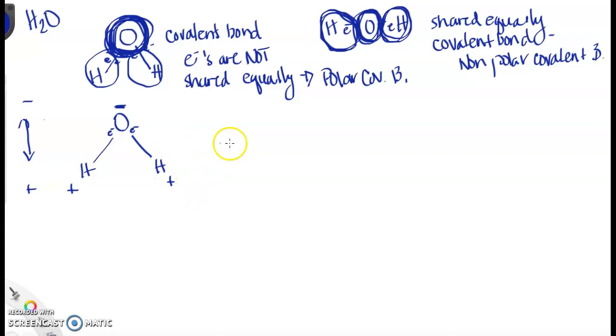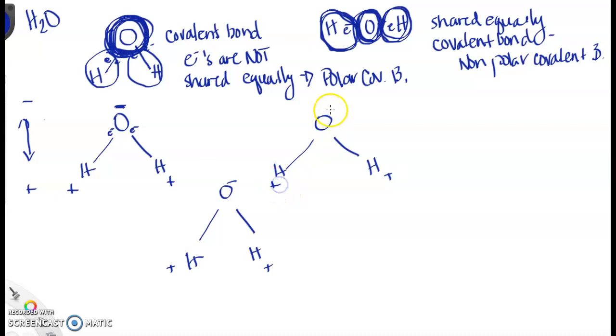So water molecules basically stick together. So here's a water molecule, and this is a little bit negative, this is a little bit positive. Here's a molecule, a little bit positive here, a little bit negative, and so on. And we know that positives and negatives attract one another. So these poles are attracted to each other.